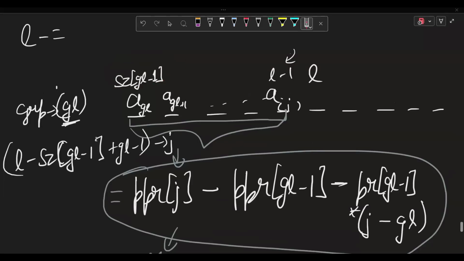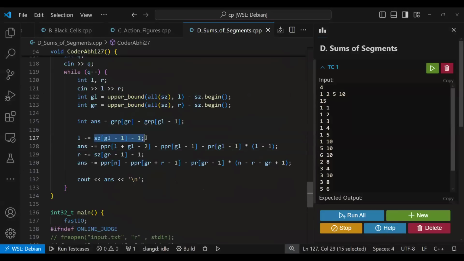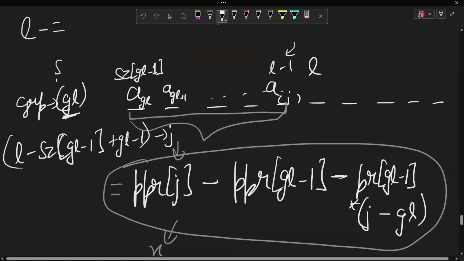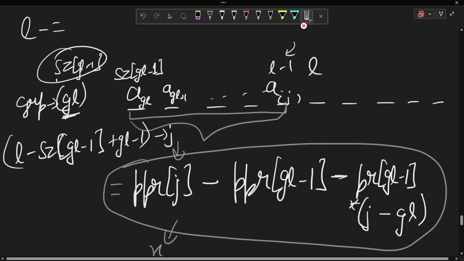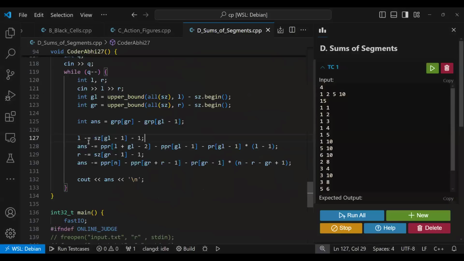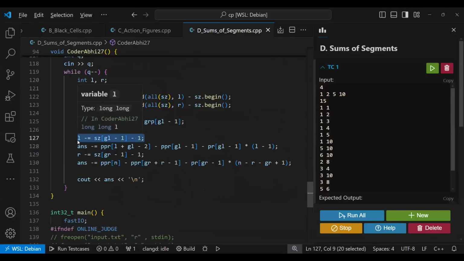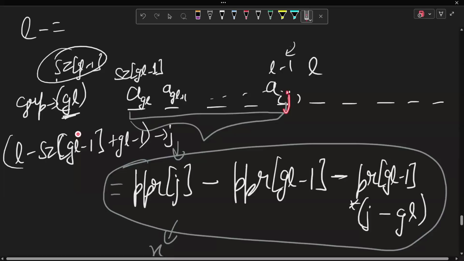So from L, I'm subtracting this minus 1. The index just before that is size of GL minus 1. If we subtract this from L, this L was the index of the overall array. Now this L is the index of this group. So if L is equal to size of GL minus 1, it would be 1. Now what is this J?